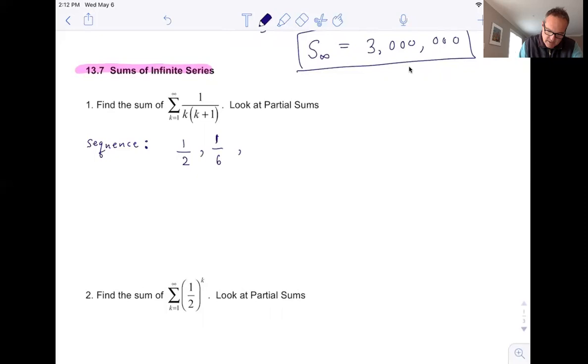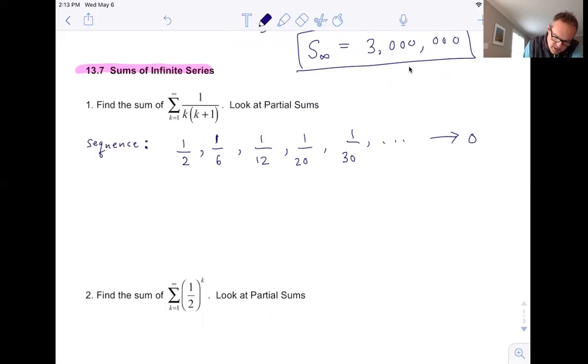If I plug in 3, on the bottom will be 3 times 4, which is 12. If I plug in 4, 4 fives are 20. And if I plug in 5, 5 times 6 is 30. And you can see that this sequence converges to 0. It becomes pretty evident that the limit of that infinite sequence is 0.